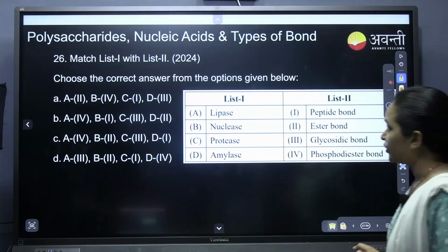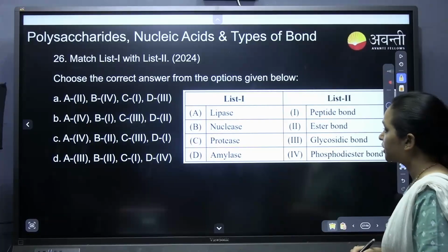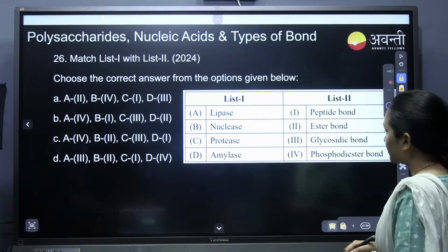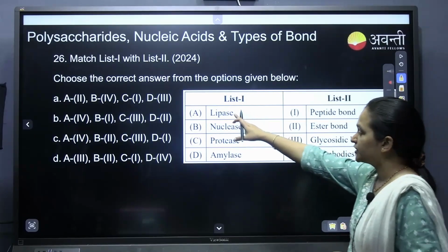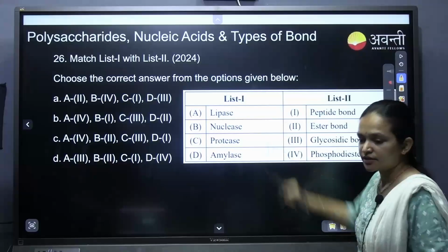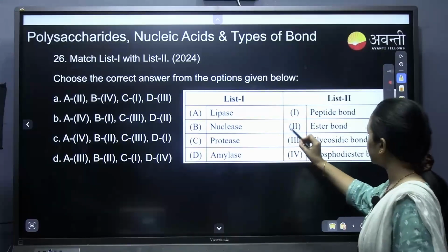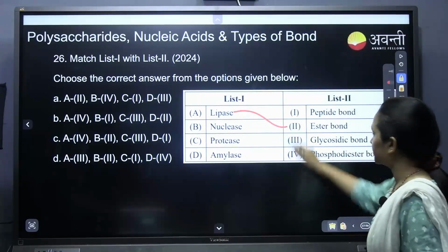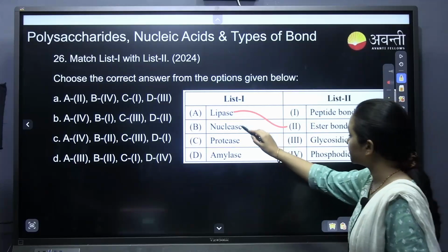Now again match the following. Now we came to polysaccharides, nucleic acids and the types of bonds. What does lipase do? Lipase degrades fats, right? Actually it degrades the ester bond in fats. Nuclease, phosphodiester.